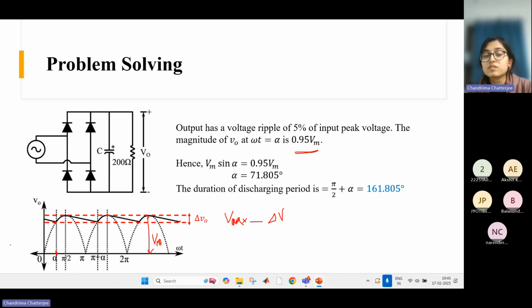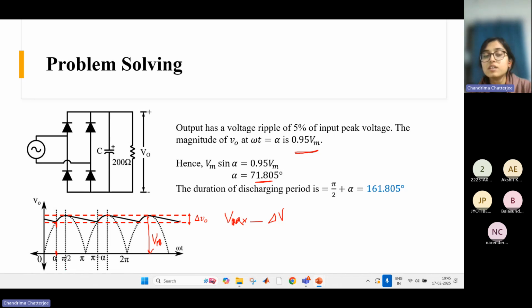At this point, my theta equals alpha, and I know my magnitude is 0.95 Vm. So from both sides, we can cancel Vm, and from there we can find out alpha. Alpha comes out to be this value, 71.805 degrees.